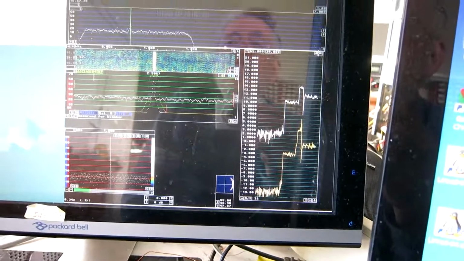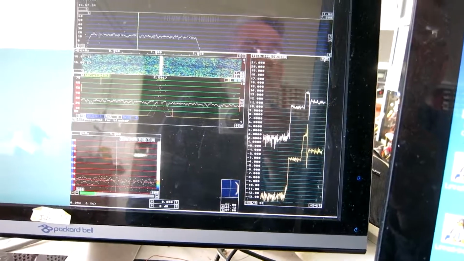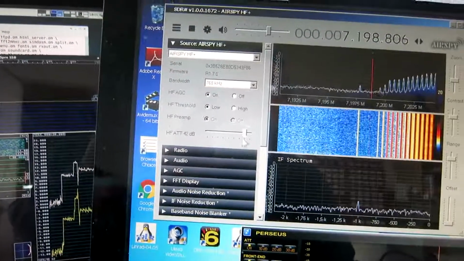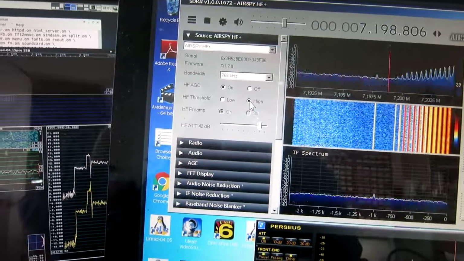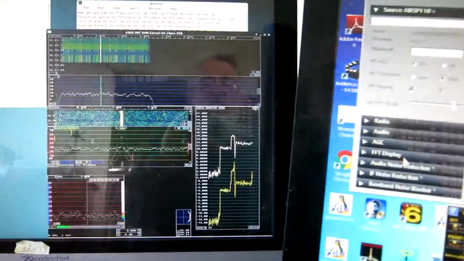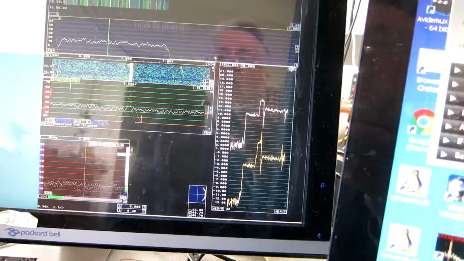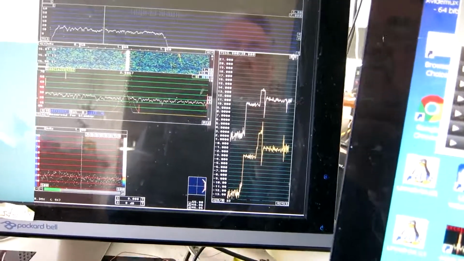The AGC is very complicated. I can change the AGC threshold and make it high. That should make a difference occasionally.